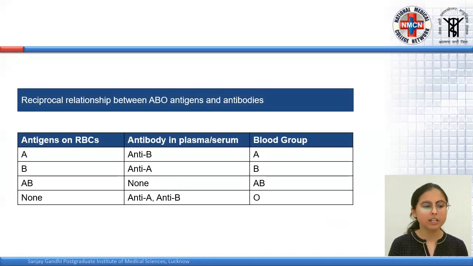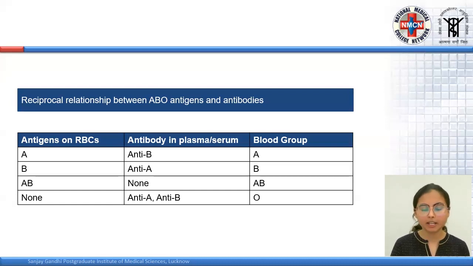For example, if the antigen present on the red cell is A, as you can see in the first row, the antibody present in the plasma or serum of that individual would be anti-B, and the blood group would be typed as A. Similarly, if the antigen present on the red cells of the individual is B, the individual would naturally have anti-A antibody in its plasma or serum, and the blood group would be B.